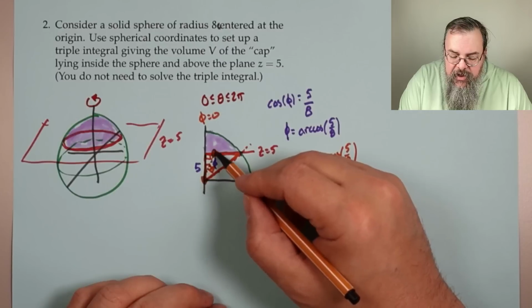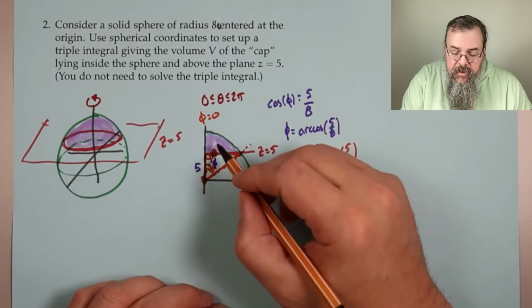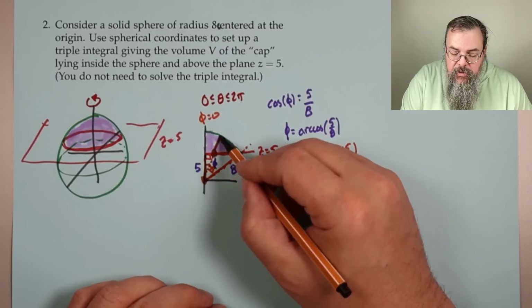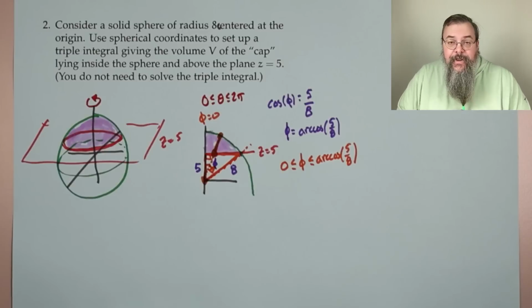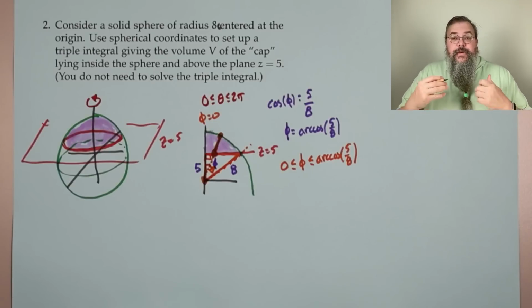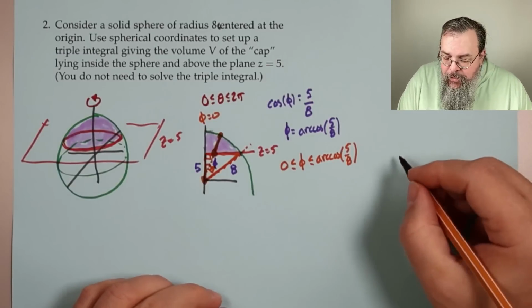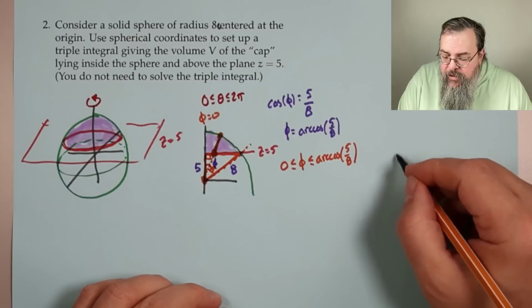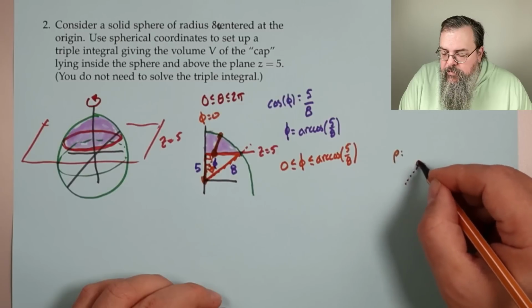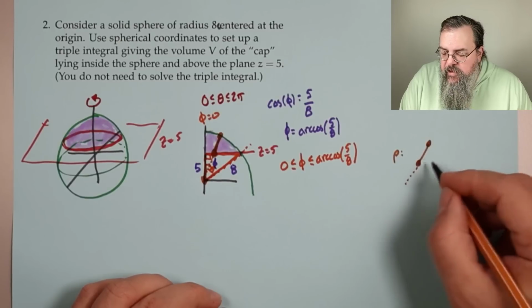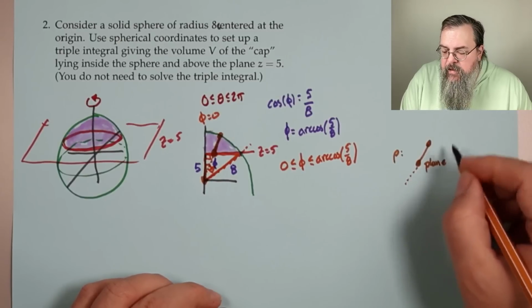I start when I hit the plane, then continue until I hit the sphere. So for rho, we're going to go from the plane to the sphere.